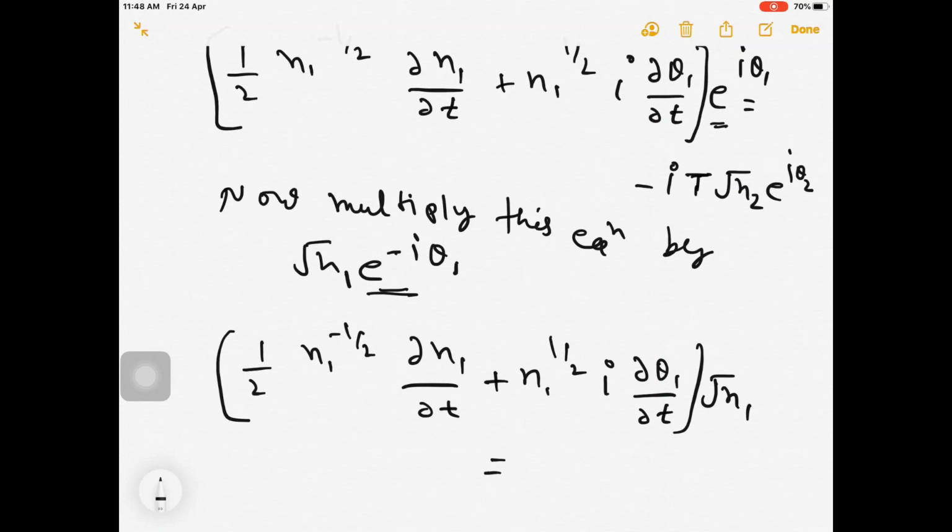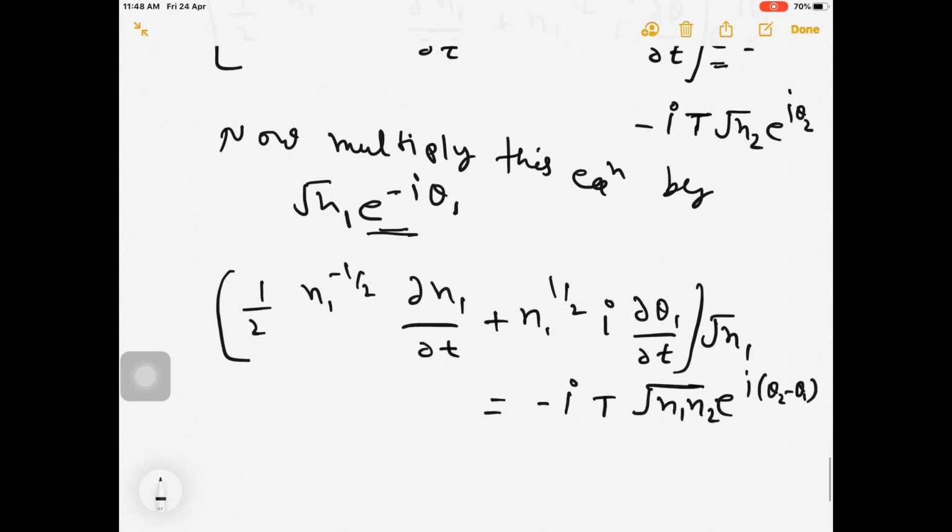In the right hand side we get minus iota T under root n1 n2 exponential iota theta 2 minus theta 1.